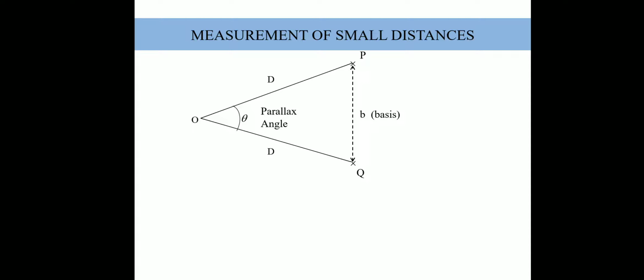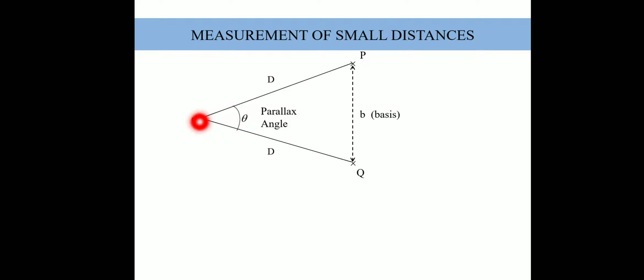Now assume that this point O is somehow extended backwards. Like a rubber band, if we hold O and push it backward, what will happen? The distance capital D is going to increase and b will remain the same, so theta, the parallax angle, should decrease.